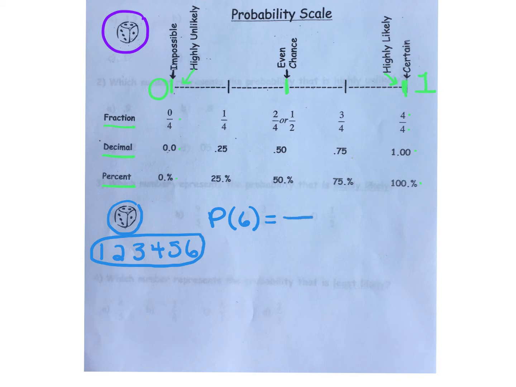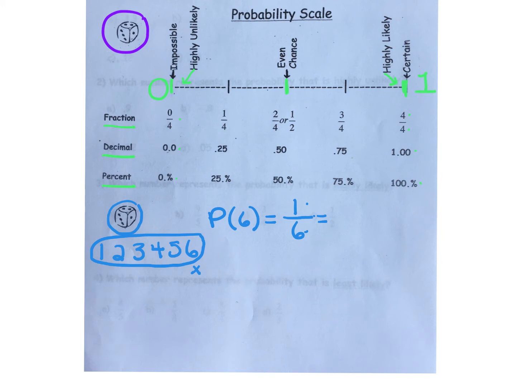Well, we know that there's one success, a 6, 1 out of 6. As a fraction, it's 1/6, but divide and convert it to a decimal, then multiply by 100 to convert it to a percent. Please grab your calculator and punch in 1 divided by 6.